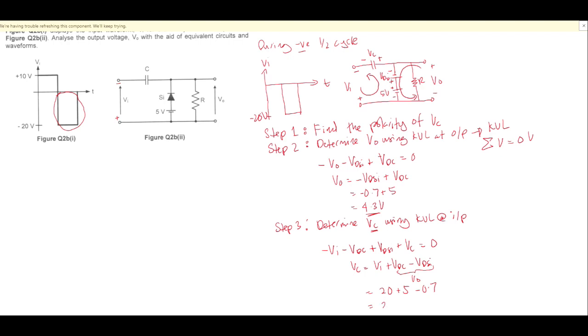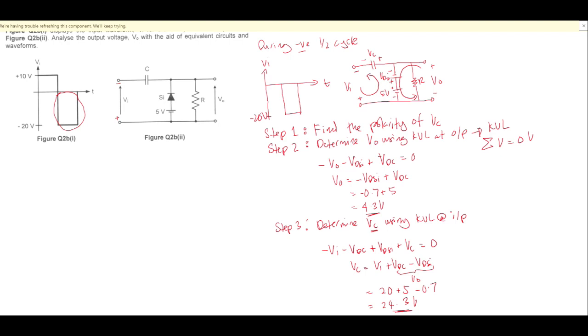So you get here 24.3 volt. Right? So this is during the negative half cycle.